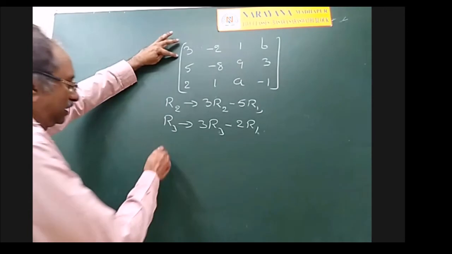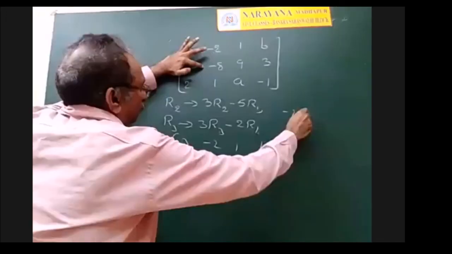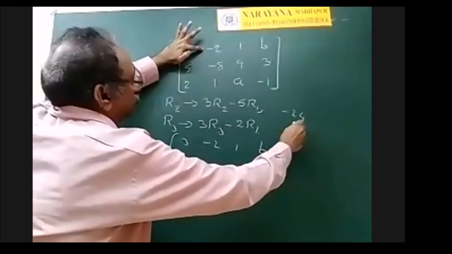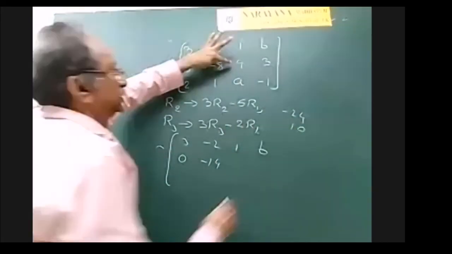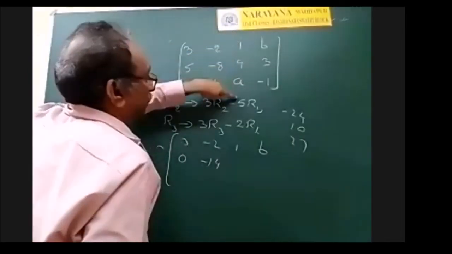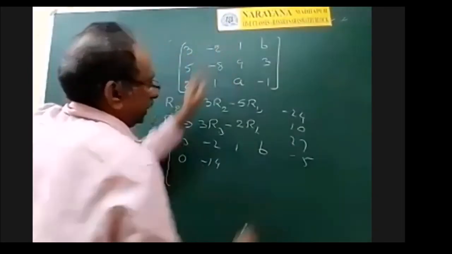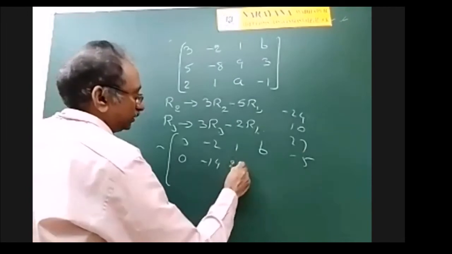And over minus 5 into minus 2, 10, minus 14. Next 3R2, 27, minus 5 into 1, minus 5, that is 22.